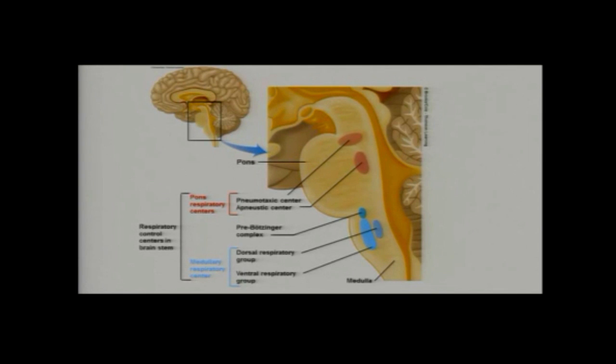Okay? So there is a top-down control of breathing, and then that top-down control is adjusted based on sensory information coming back from the body about metabolic demands.